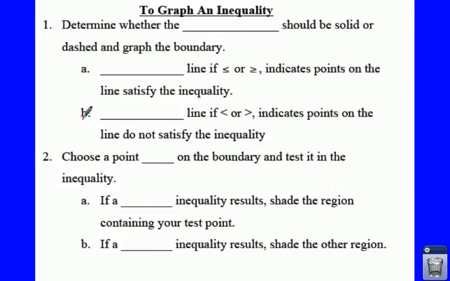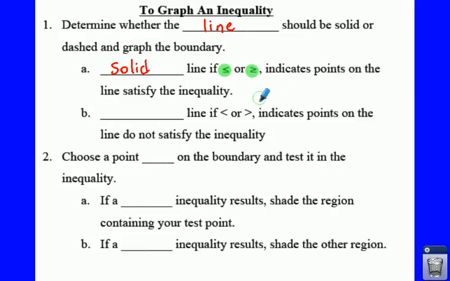Anyway, okay, a few steps to remember how to graph an inequality. First, you need to determine whether the boundary line should be solid or dashed and graph it. You will have a solid line if you have an equal to, a greater than or equal to, or a less than or equal to sign.